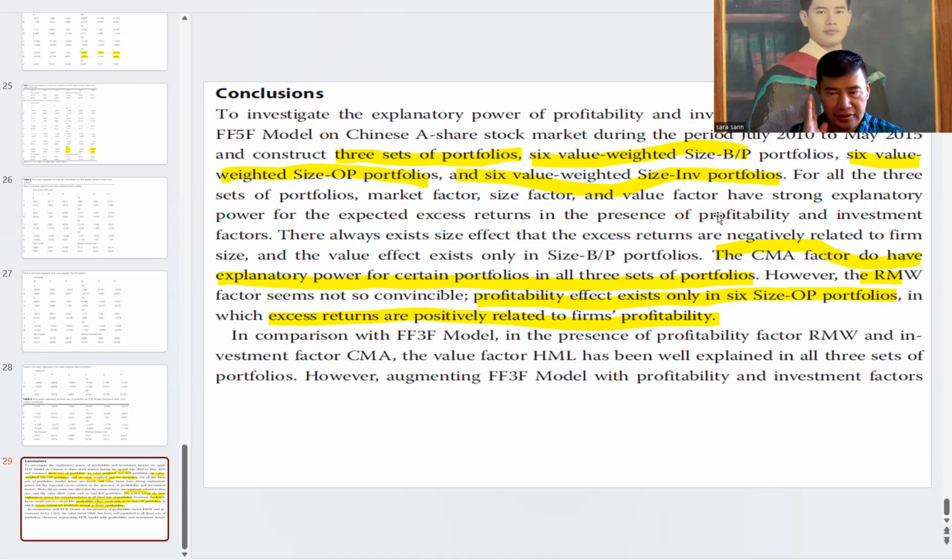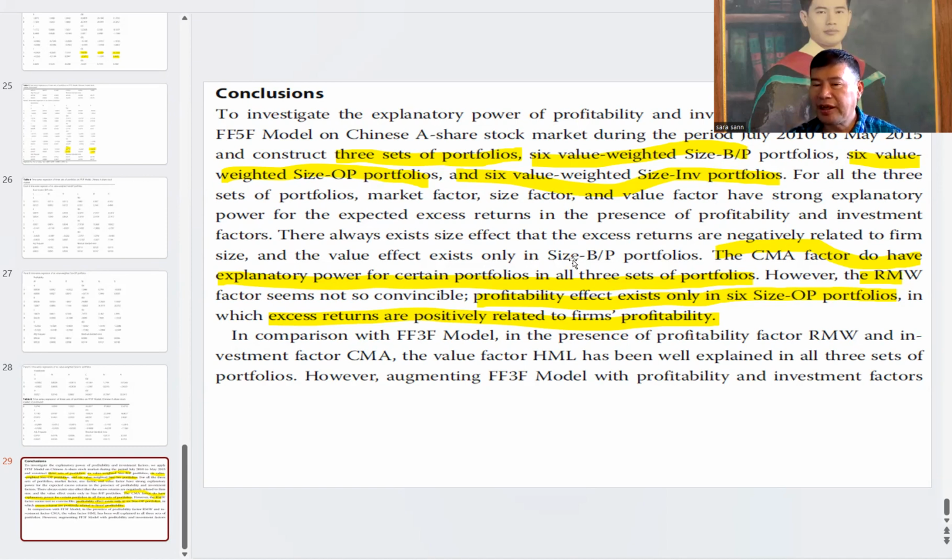It shows that the 3 factors have a strong effect on the profitability as well as investment return. Okay, there always exists a size effect, where excess returns are negatively related to firm size, and a value effect exists. So you can see all the negative signs from the table, most of them related to RMW and HML.